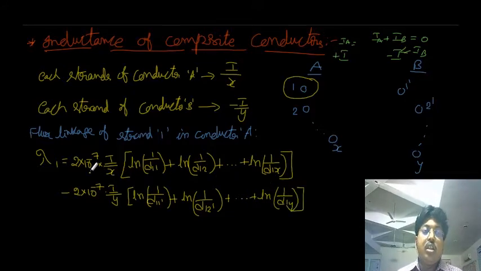This is the flux linkage of conductor 1 due to the currents carried in all strands of conductor A as well as all strands of conductor B.